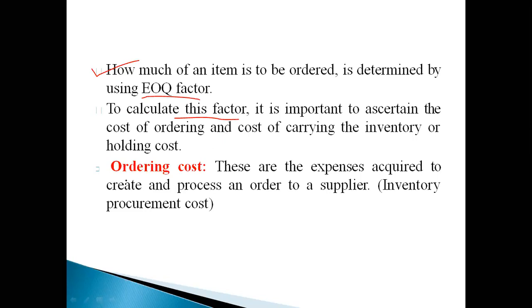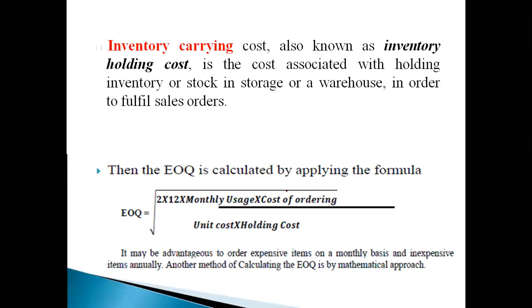EOQ factors. The ordering cost is nothing but the expenses incurred to create and process an order to the supplier. That is the cost of procurement of the inventory. That is called ordering cost. Another terminology in the EOQ is inventory carrying, also known as inventory holding cost.